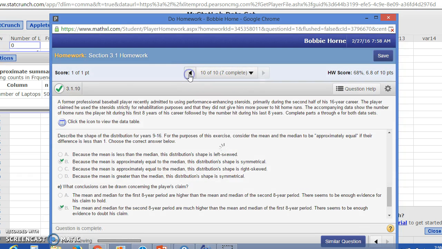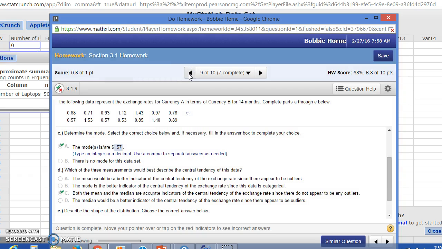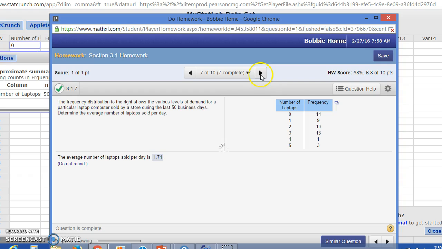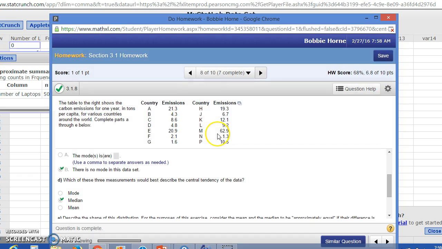Let me see if I can find it. I believe this one was the one that had outliers, meaning that most of the numbers are close in range, but you have a few numbers that are extreme, that are way out of the range. Look, 4.3, 8.6, all these are pretty close, but then you have numbers like 62.9.